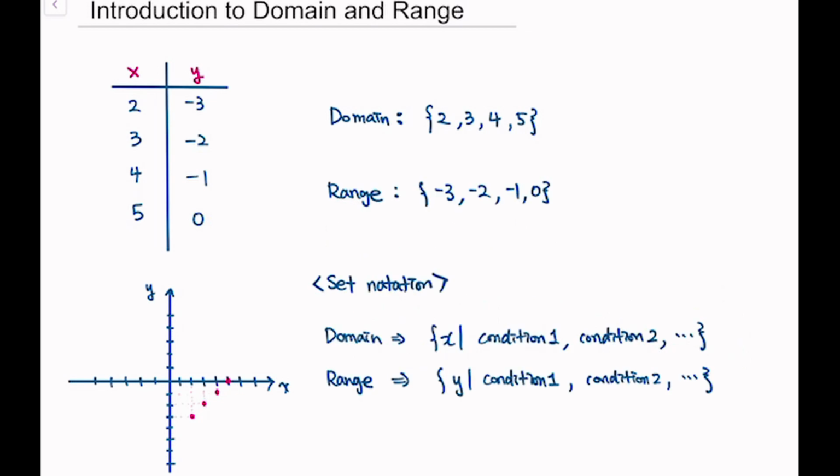So to describe the domain in set notation, we can say that the domain for this relation is {x | condition 1. So the x value is bigger or equal to 2, so we can say x ≥ 2. However, it is smaller or equal to 5.